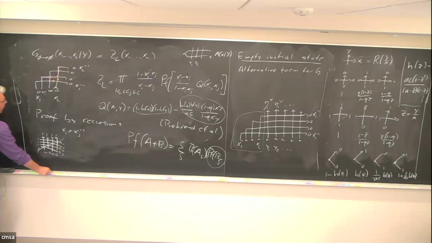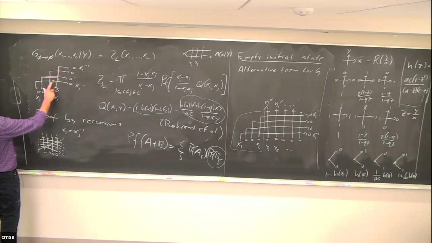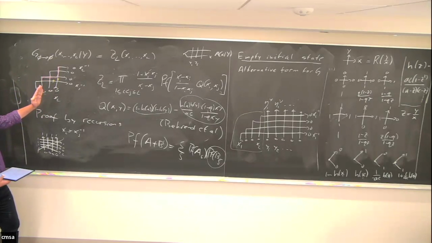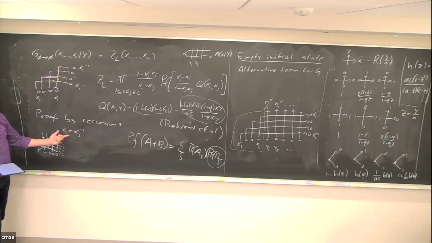But if you set this XL equal to 1, then one of them cannot occur. I may have the wrong one, sorry. One of them cannot occur, and then you get a relation to something one size smaller. So there are recursions that you can easily deduce from the pictures.